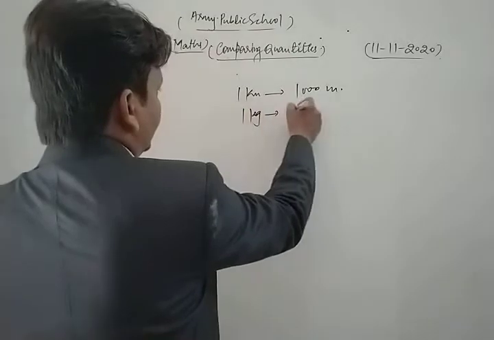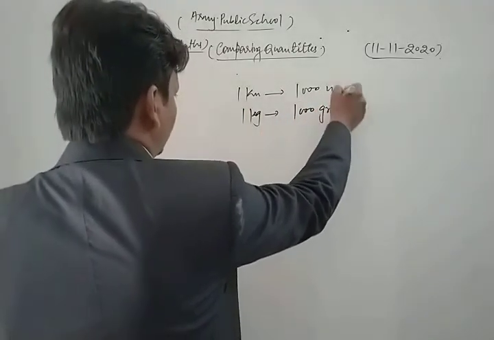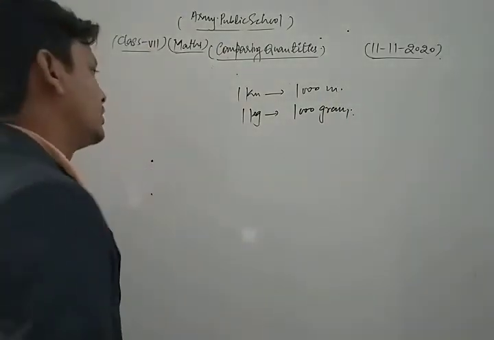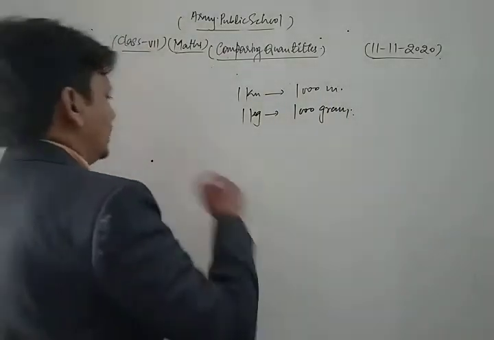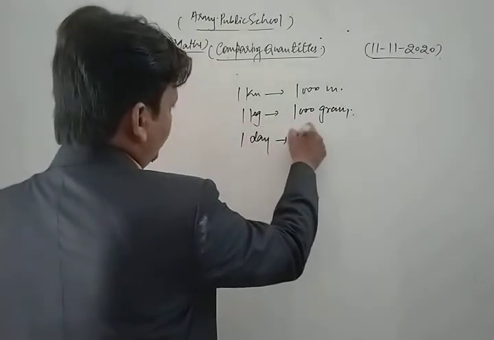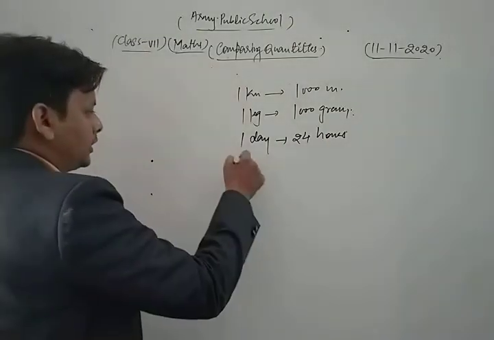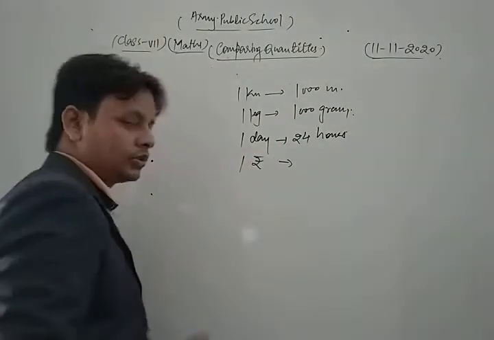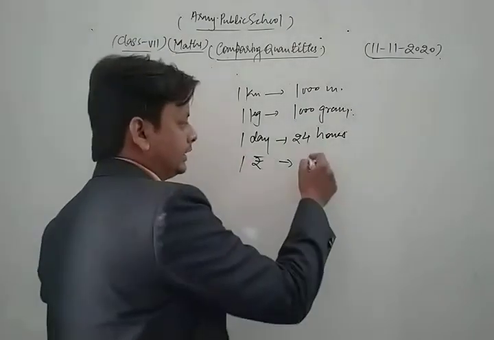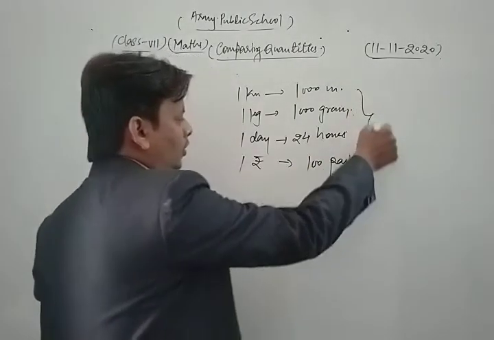In 1 kilogram there are 1000 grams. Similarly, how many hours in one day? In one day there are 24 hours. Okay, and how many paise in 1 rupee? There are 100 paise in 1 rupee.